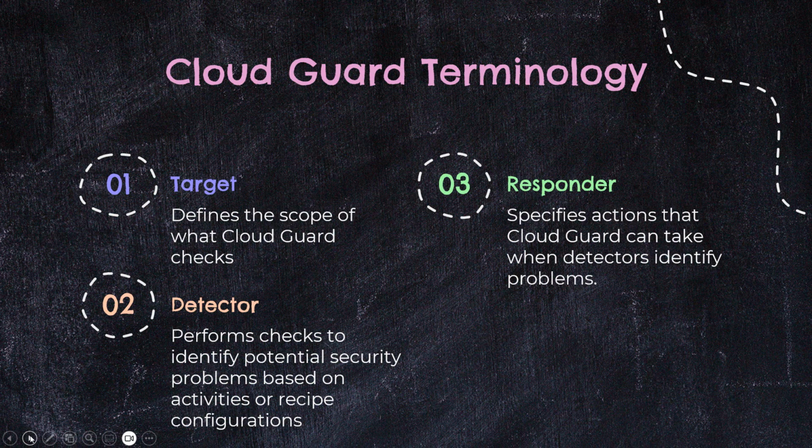And the responder takes a specific action based on the detector. In a previous slide, we said it remediates, so the responder is the one which remediates. It responds to any threat detected by sending an email or blocking the threat.